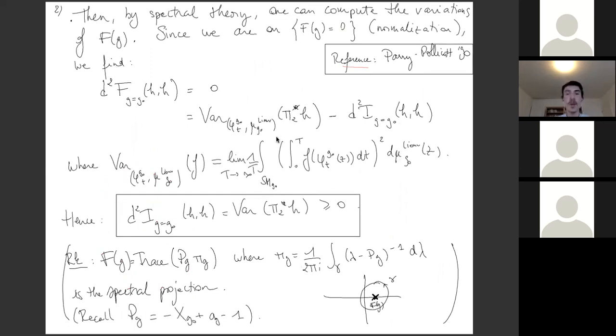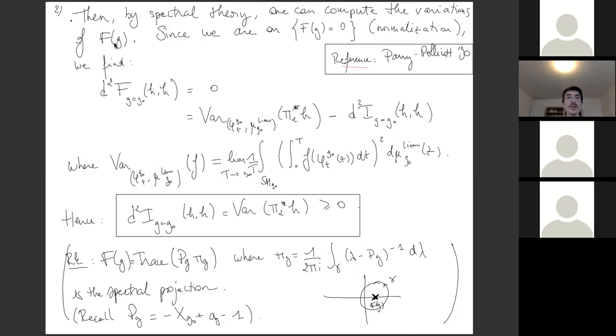So now that you have a spectral description, it's quite nice because we can apply all the tools from spectral theory. And in particular, in spectral theory, when you have an operator which has a simple, isolated leading eigenvalue, it's very easy to compute the derivatives of this leading eigenvalue with respect to any parameter.